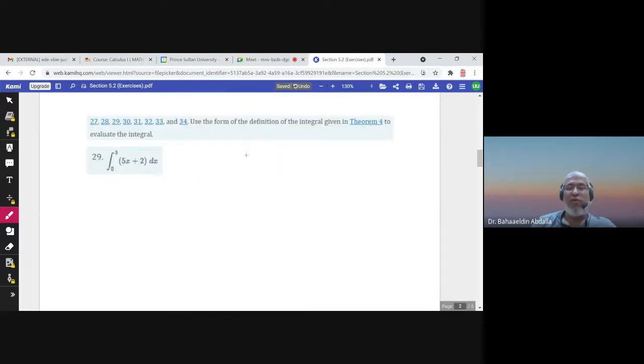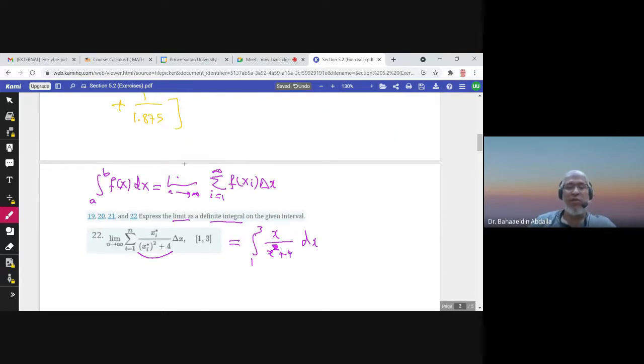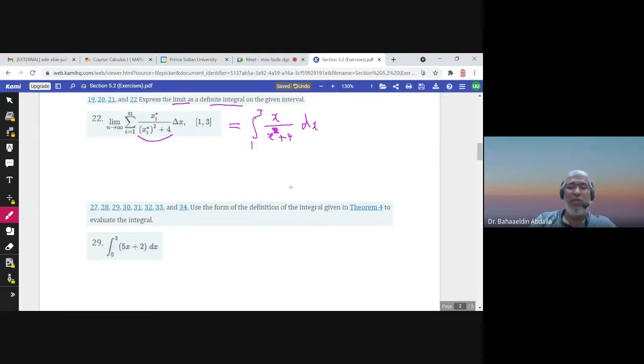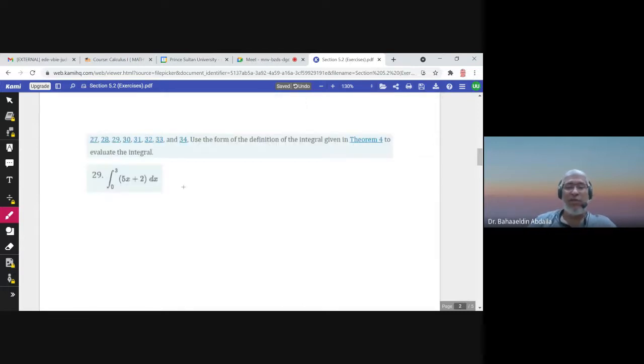Use the form of the definition of the integral, which is this one, to evaluate this integral. We first find delta x, which is 3 minus 0 over n, and we find x_i, which is a, in this case 0, plus i delta x, so it is 3i over n.